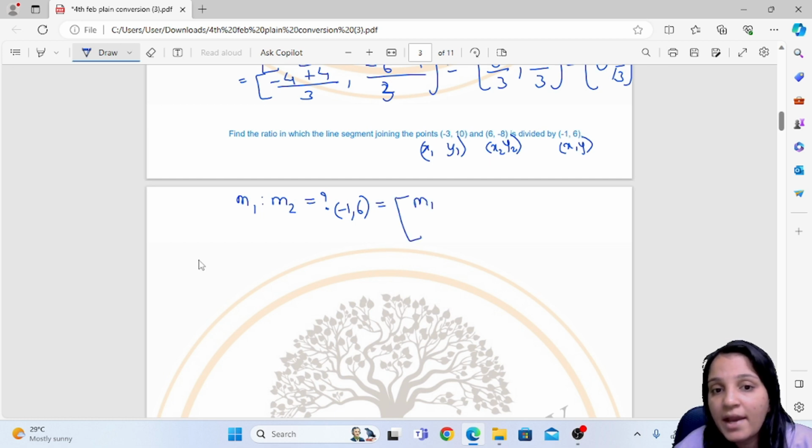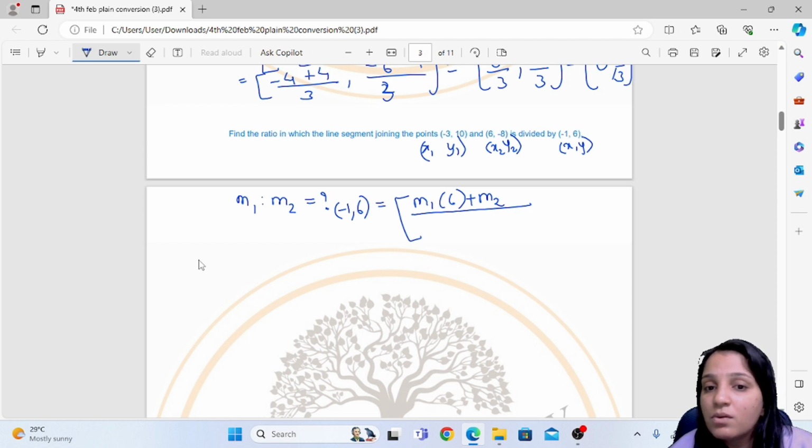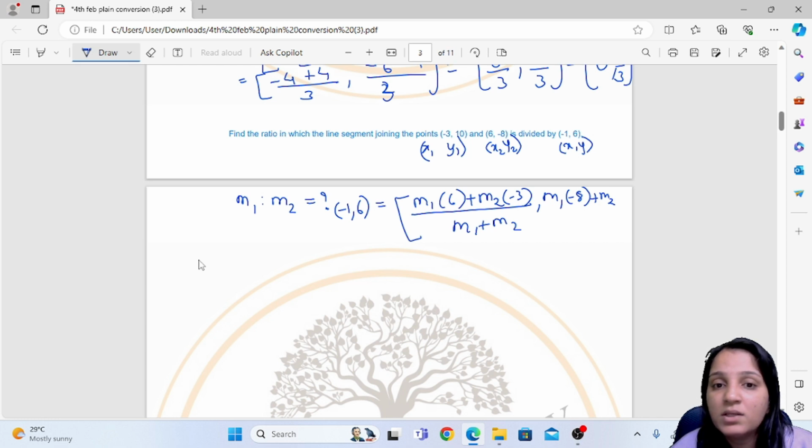So m1 x2 is 6 plus m2 x1 is minus 3 upon m1 plus m2, comma m1 y2 is minus 8 plus m2 y1 is 10 upon m1 plus m2.